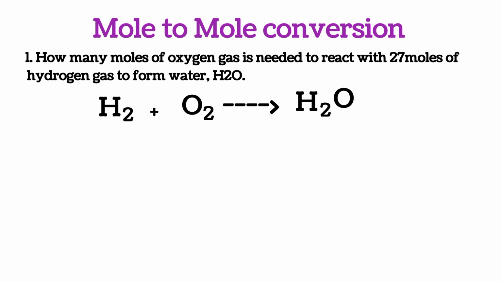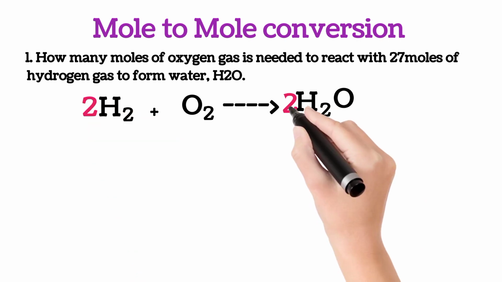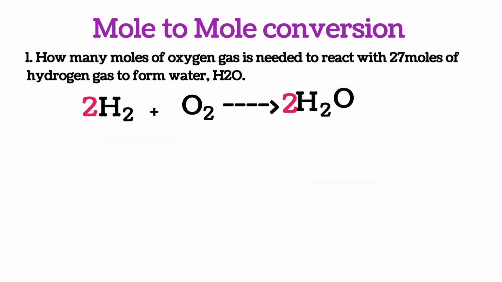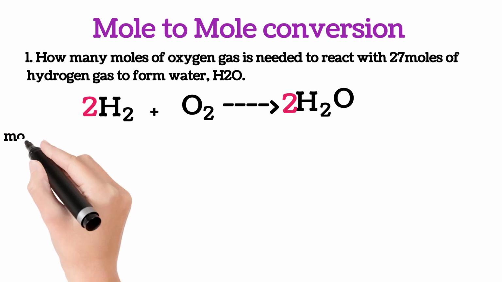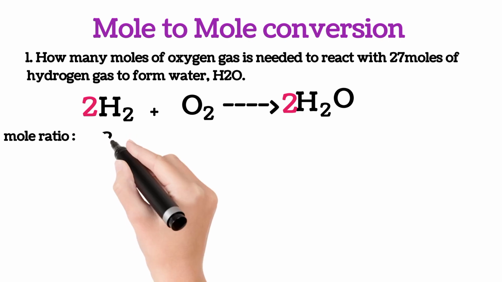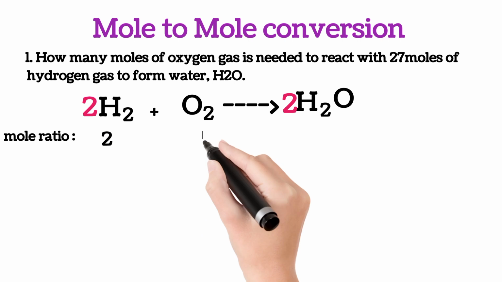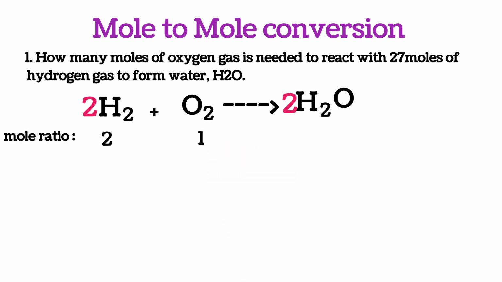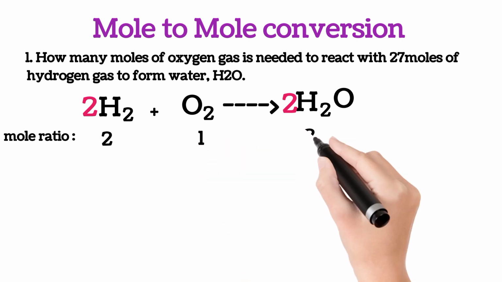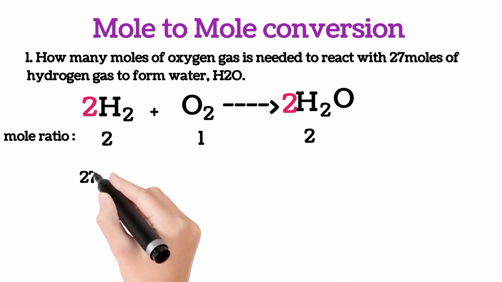We have 2 hydrogen on the left and 2 on the right, so we balance the hydrogen atoms and we get 4, 4. Now let's get the mole ratio. 2 moles of hydrogen react with 1 mole of oxygen to form 2 moles of water. That is the mole ratio.